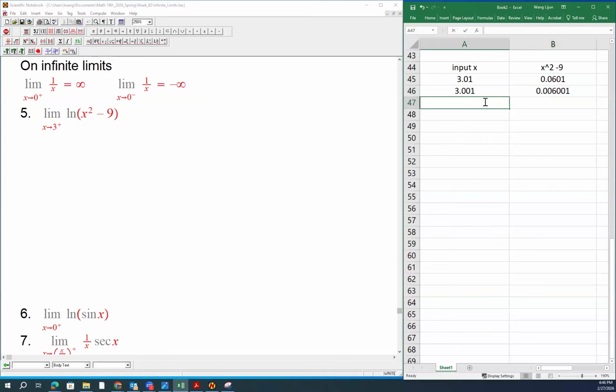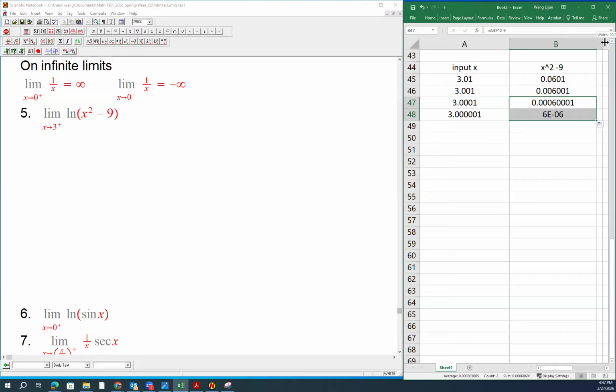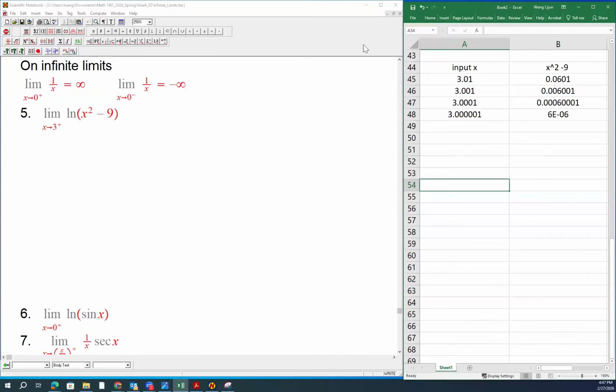As I choose numbers getting closer and closer to 3 from larger than 3, x squared minus 9 gets closer and closer to 0. With 3.00001, the output for x squared minus 9 is even closer to 0.